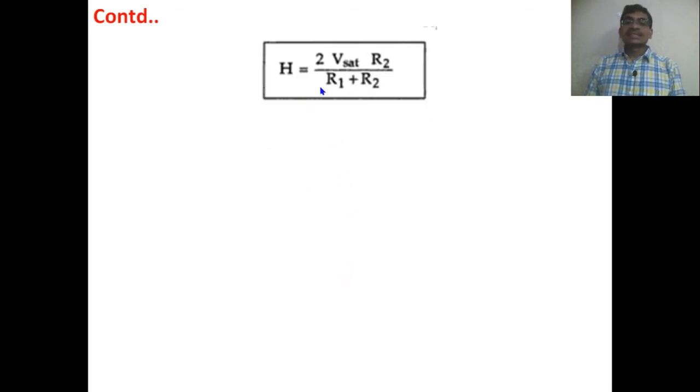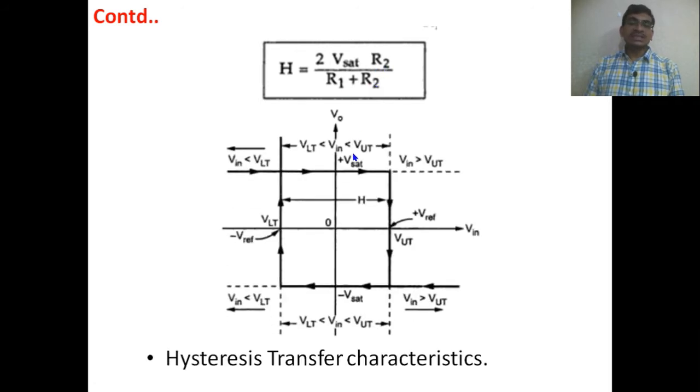And this H is given as 2 V saturation into R2 by R1 plus R2, because it lies between the plus reference voltage and the minus reference voltage. Therefore, H is equal to 2 V saturation into R2 by R1 plus R2. This is the hysteresis curve.